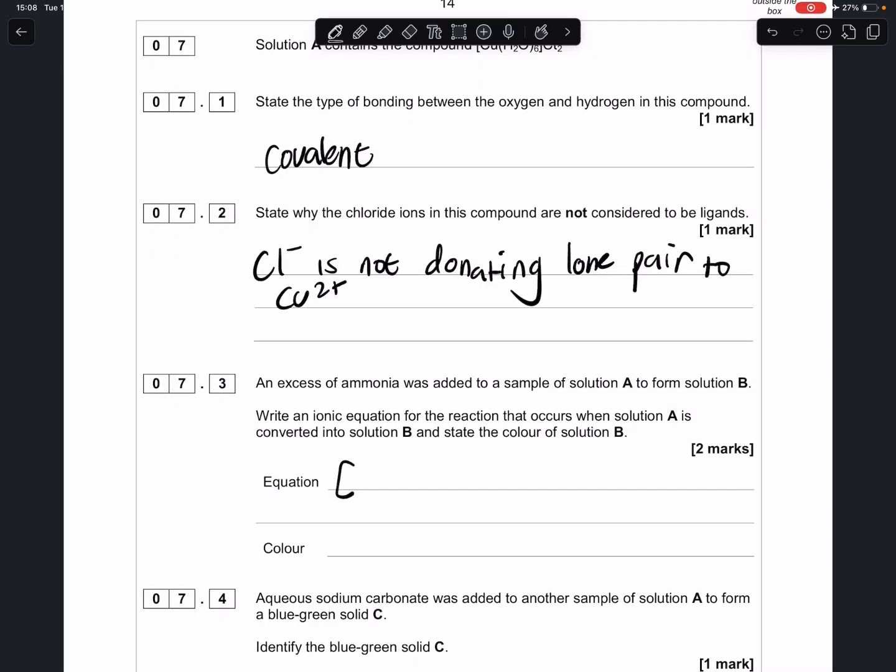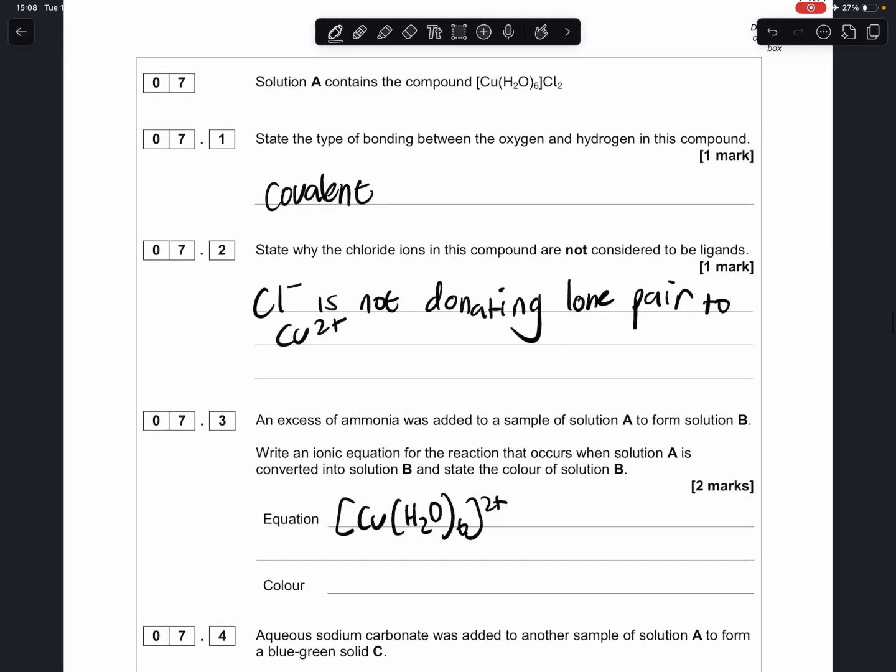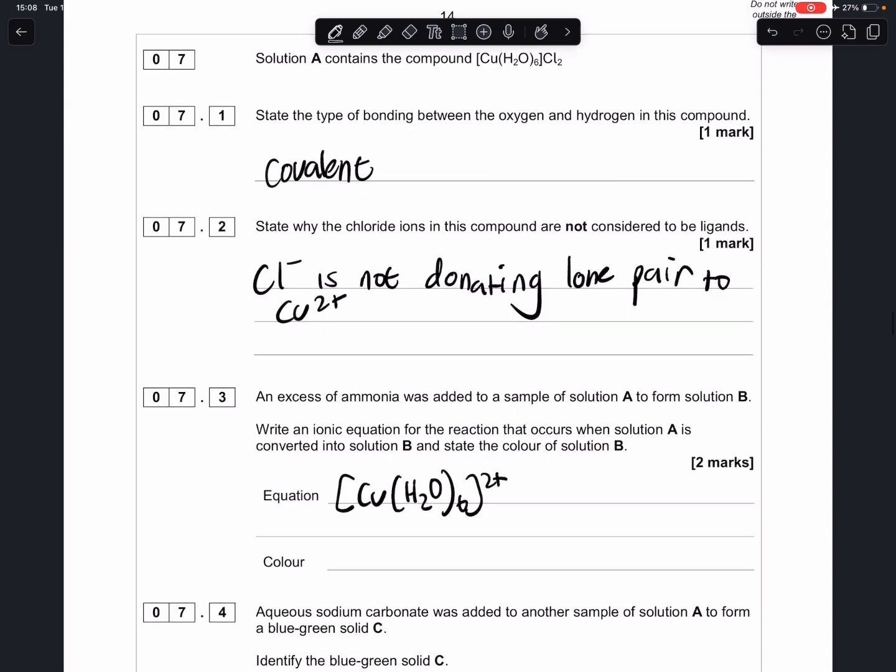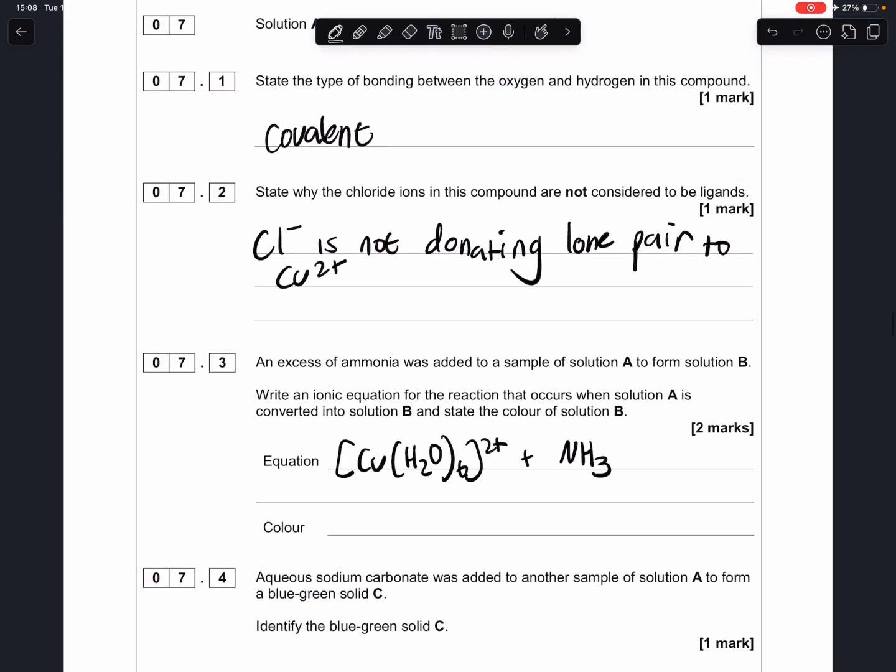So let's write out what we know. We've got our copper hexa aqua complex. That is solution A. And we are adding ammonia in excess. And what happens is 4 of the 6 ligands are substituted by ammonia.